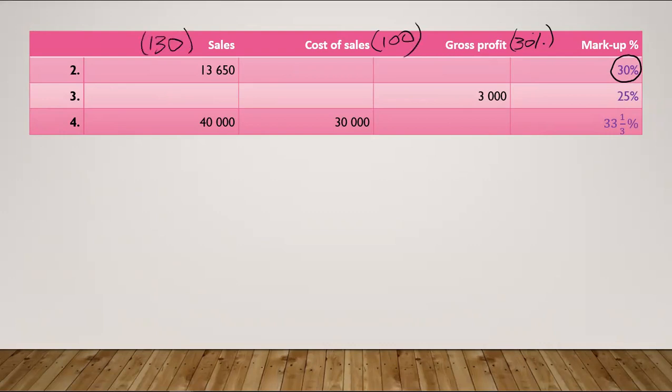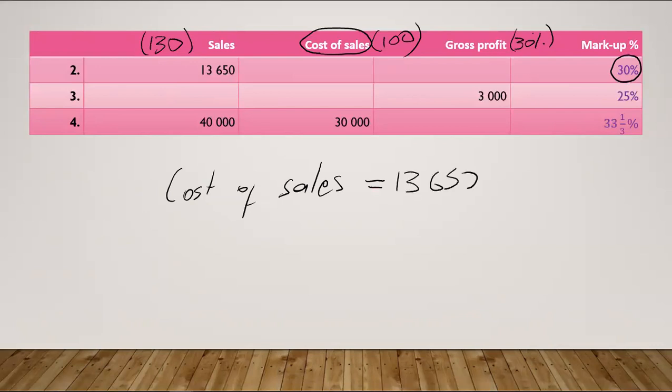If I want cost of sales, it will be equal to the amount that I am given, which is 13,650. What is it that I want?